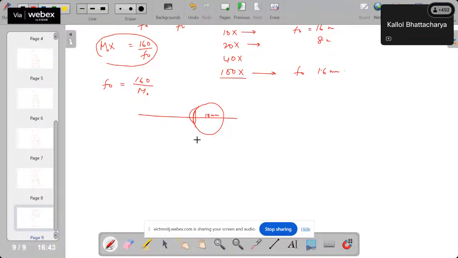Now the least distance of distinct vision is 25 mm. We know this is the least distance for distinct vision. We are asked not to put our reading materials before 25 millimeters. It should be after or at 25 millimeters.